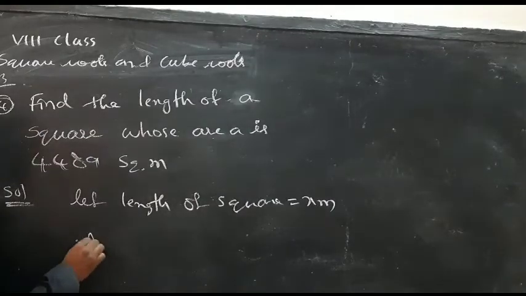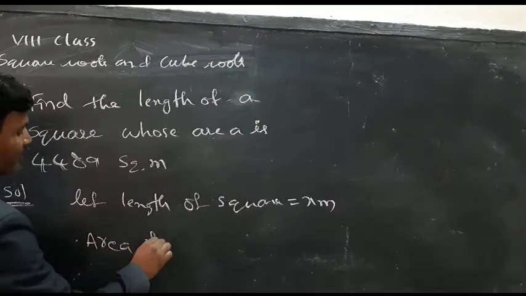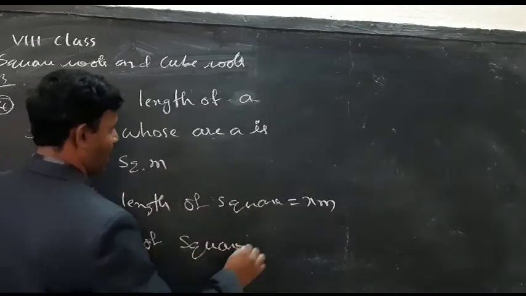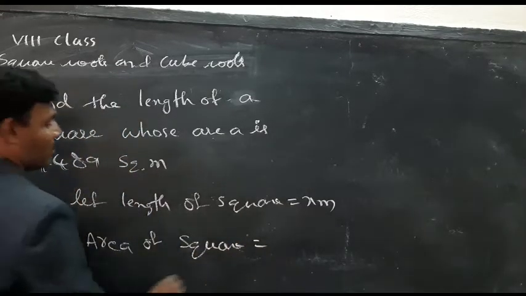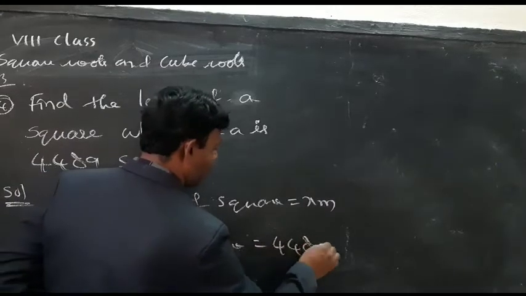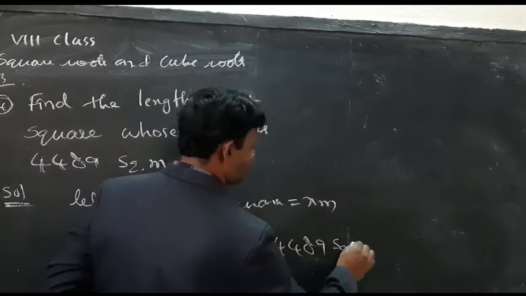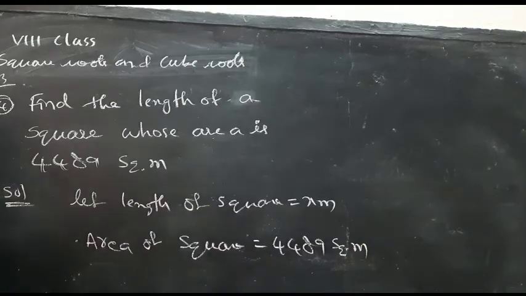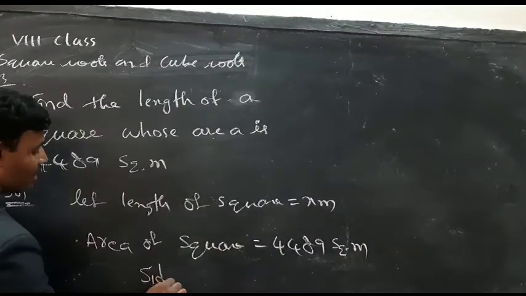And what is the area? Area of the square is equal to 4489 square meters. Already we know the formula to find the area of a square. It is nothing but side into side.